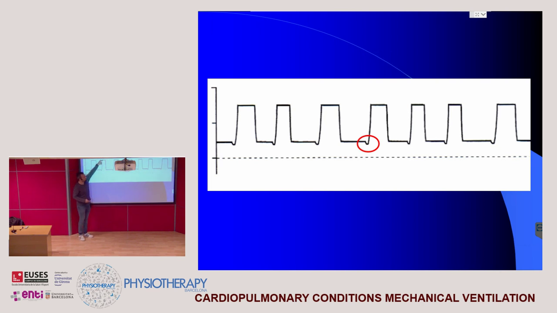But the help, because it is performed by the machine, is always the same, because we set the pressure support on the machine, let's say at 10 centimeters of water, and the ventilator will deliver the same level of pressure at every inspiration, always.